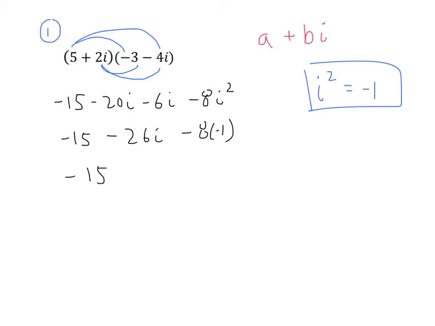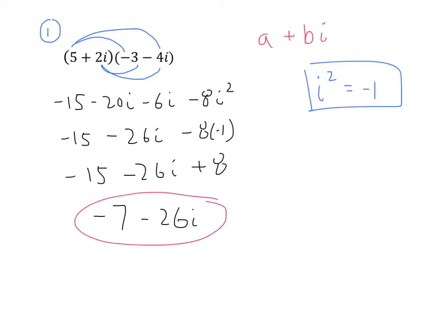So we have negative 15 minus 26i plus 8. We can combine our real numbers, negative 15 and 8, so that would be negative 7 minus 26i for my final answer. Remember, we want our final answer in this format, with the real part and then the imaginary part.